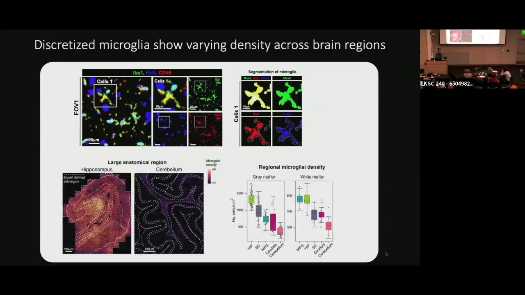And then once we have all that data, we can look at how the microglia densities look in the different brain regions. On the left, you can see how the microglia tend to be a lot more prevalent in hippocampus compared to cerebellum, which is a different brain region involved in fine motor control. And then we can also break that down by more functional brain type here on the right, gray and white matter.